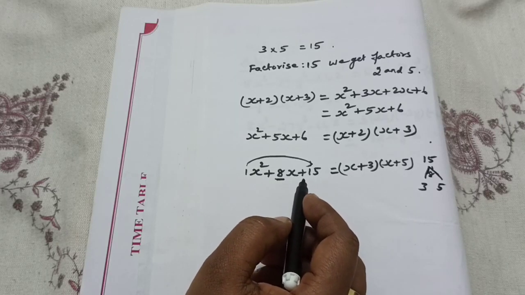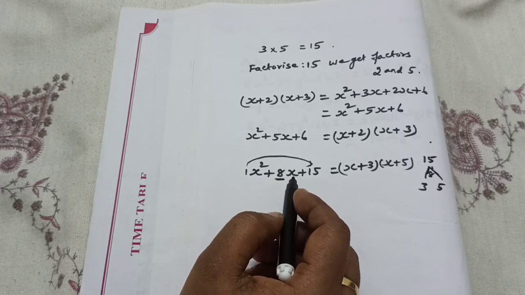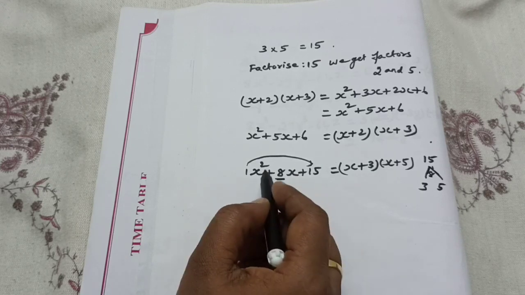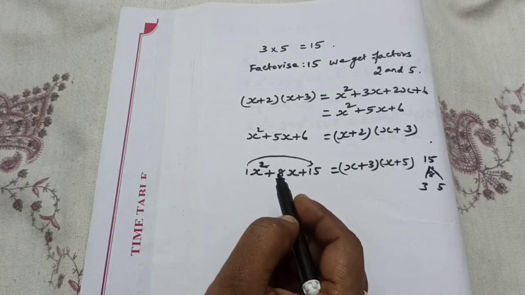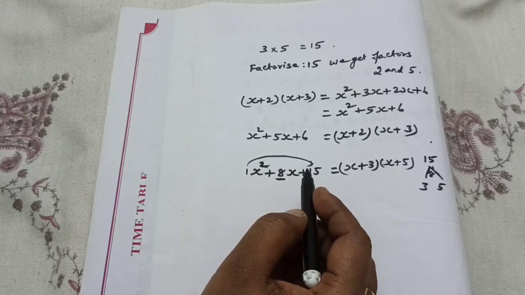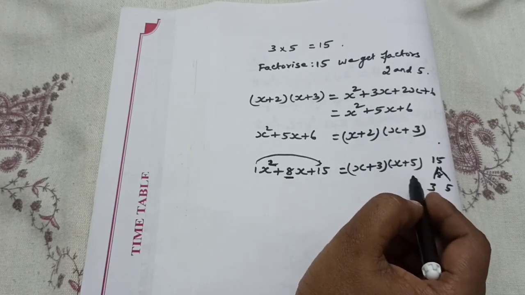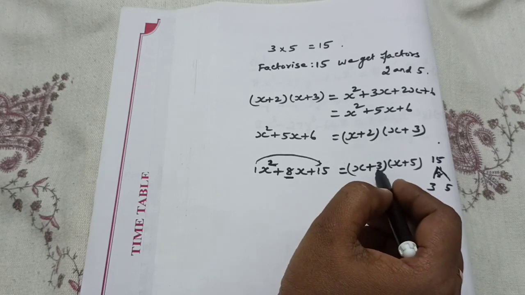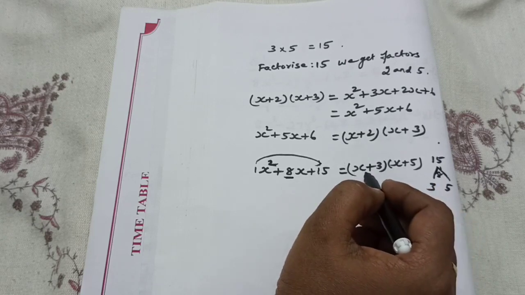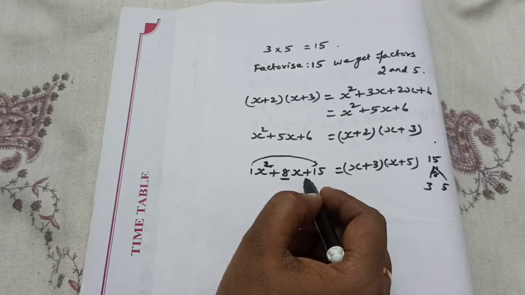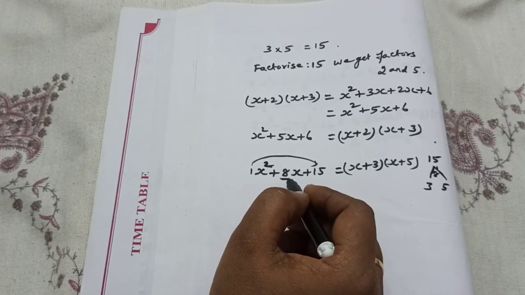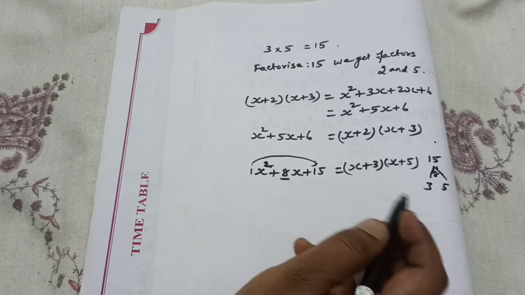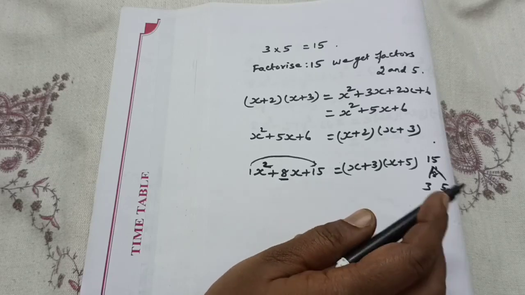Have you understood? Then our definition is: the process of converting the given higher degree polynomial, this is the higher degree polynomial, as the product of factors of its lower degree, which cannot be further factorized, is called factorization.